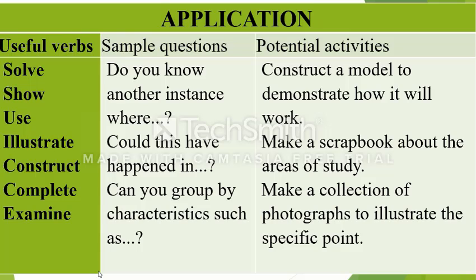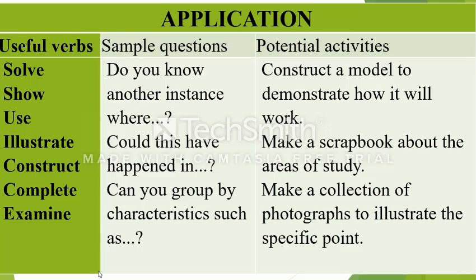Now you can see in potential activities that if you have the knowledge, if you understand the things, then you are able to construct a model. Then you are able to make a collection of photographs to illustrate the specific point.